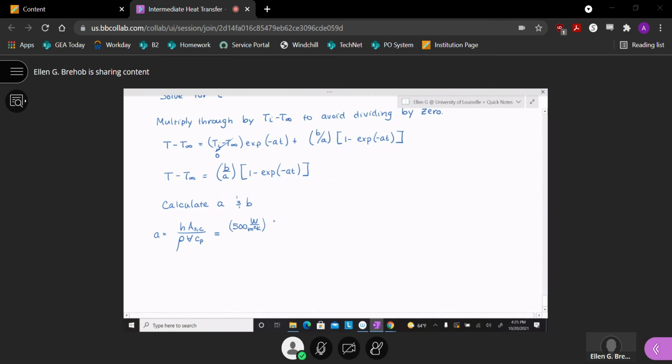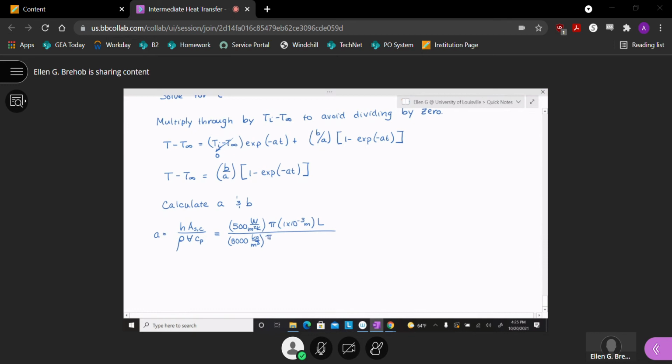The surface area that convection occurs over is going to be pi times diameter, and length, ooh, I'm just leaving length as a variable. Density for the wires is given.